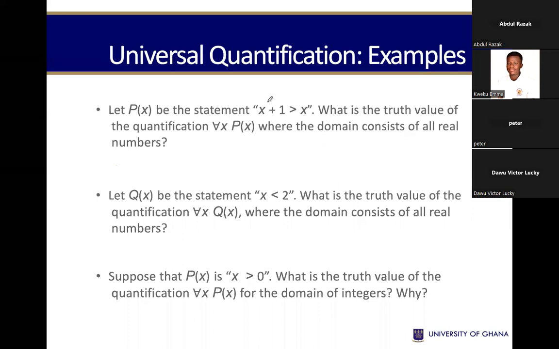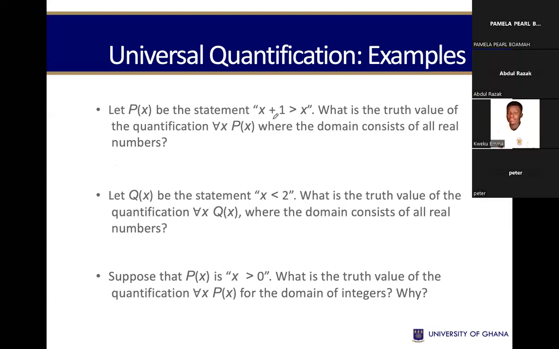Anyone? Yes. 0 is greater than -1. That's true. So let's go ahead. I want to have maybe -2.5. I add 1 to it. I'm going to get what? -1.5. Is -1.5 greater than -2.5? Yes, sir. So in this situation, no matter how I do the possible combination, the answer will be true.